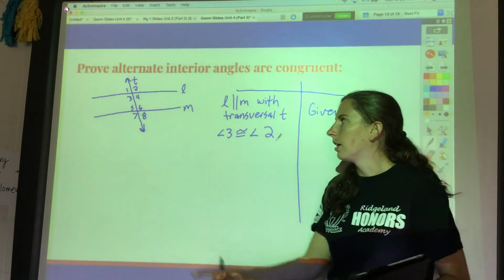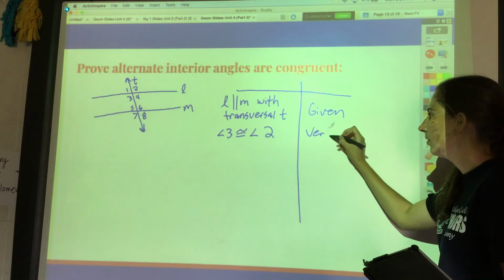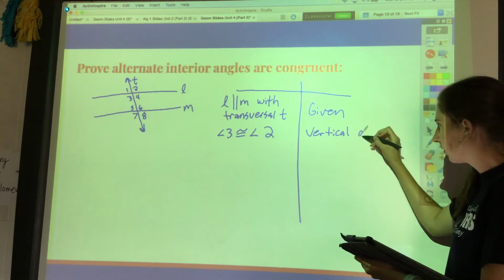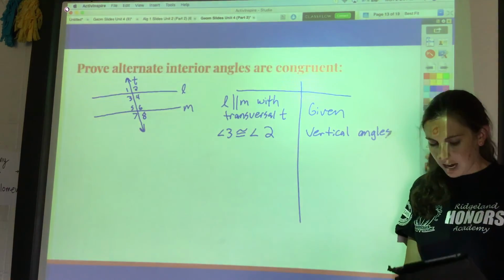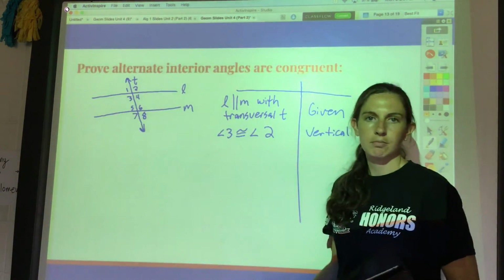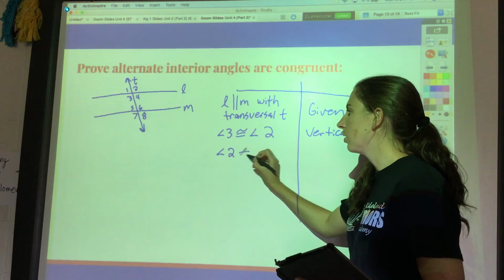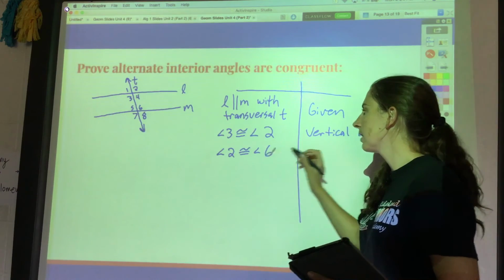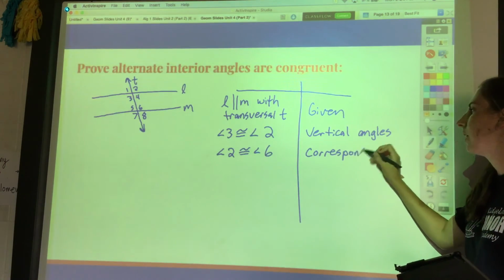Well, I know that because they're vertical angles, and vertical angles are congruent. I also know that 2 is congruent to 6. How do I know that? Well, those are corresponding angles. So 2 is congruent to 6. That's because they're corresponding angles, and corresponding angles are congruent.